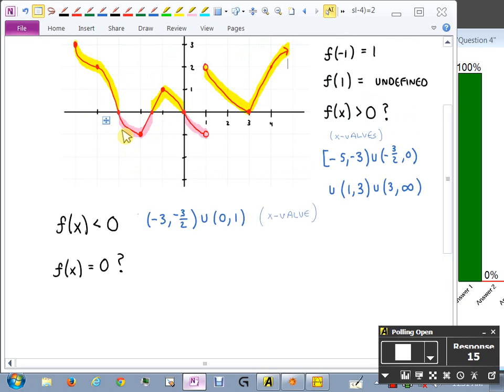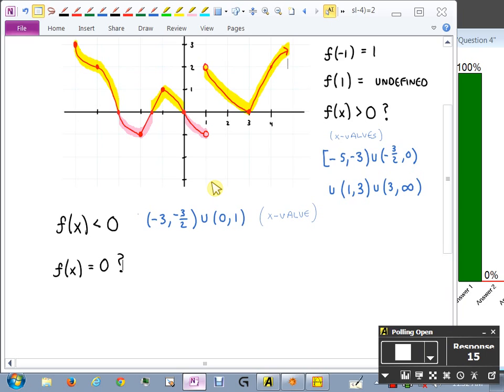0, the x-intercepts, right? Do I have any x-intercepts here? Does my graph ever touch the x-axis? Yes, where? -3, -3 halves, 0, and 3. And those are points, aren't they? When you're trying to write your answer and your answer is a list of points, you do not use interval notation. You use what instead?